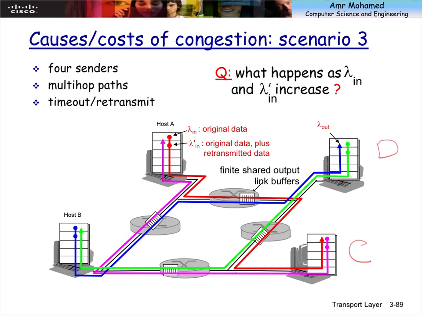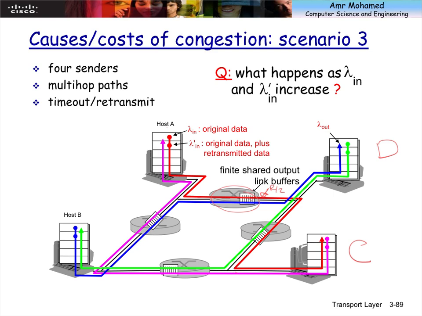So we'll see the interesting scenario here. If I assume that host A is sending to host C, what we just studied so far tells me that when host A's traffic reaches here, the maximum that this traffic can get as an output is R over 2. Right? That's what we studied so far, assuming that this is fair. Okay?